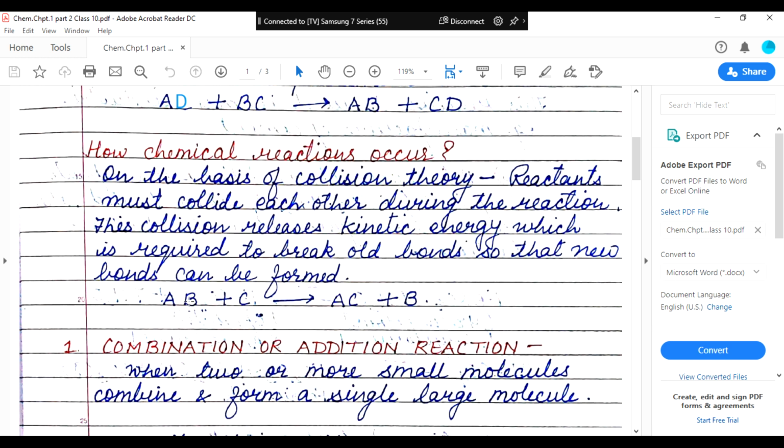If C hits B, this AC will not be formed. So, it is a must that particles should hit on a particular element, atom or molecule. Then only the right compound will be formed, the reaction will occur.